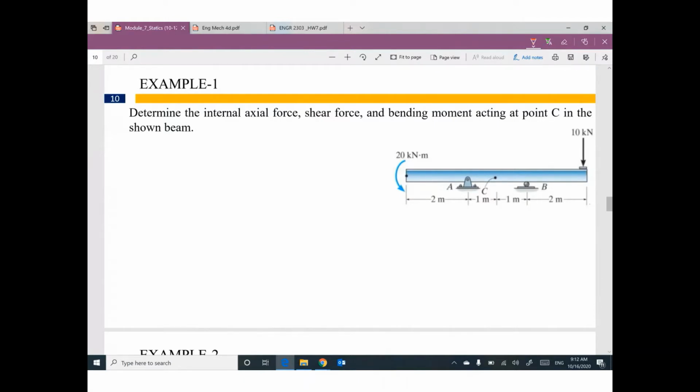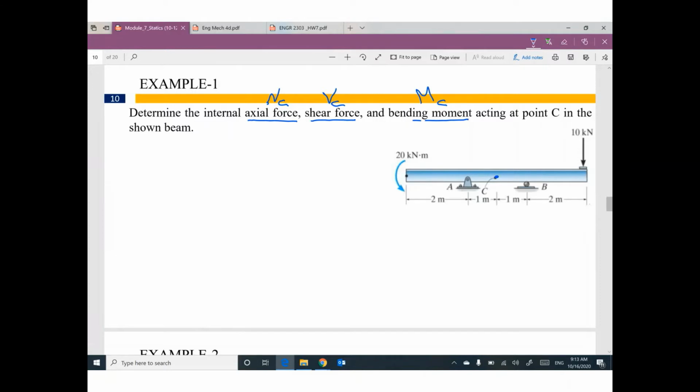And the problem asked for what is the internal axial force, which is N, shear force, which is V, bending moment, which is M, at specific point called C. So I'm looking for NC, VC, and MC. Values, I need to calculate values at one point.